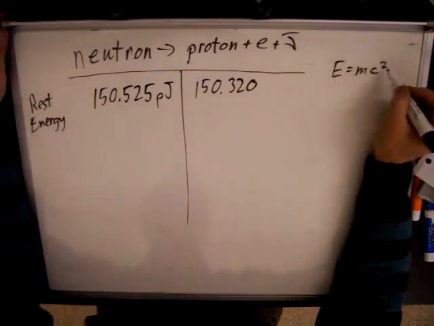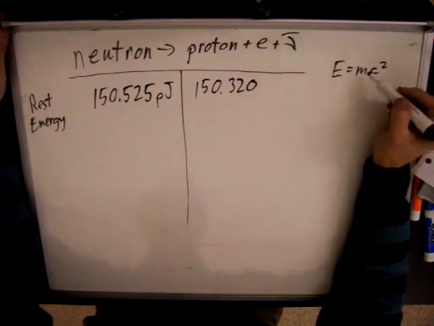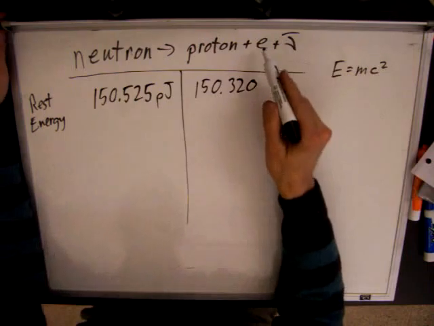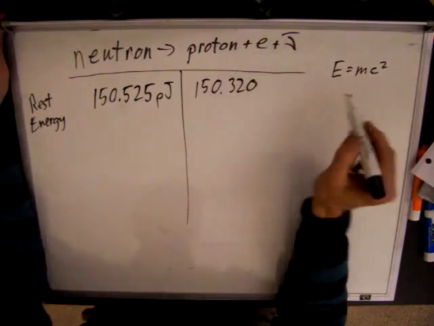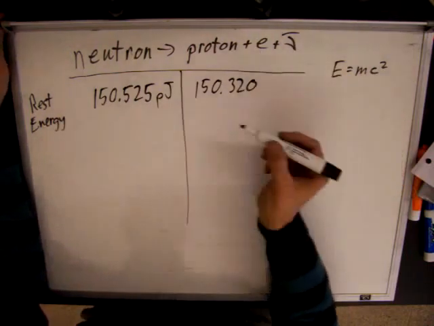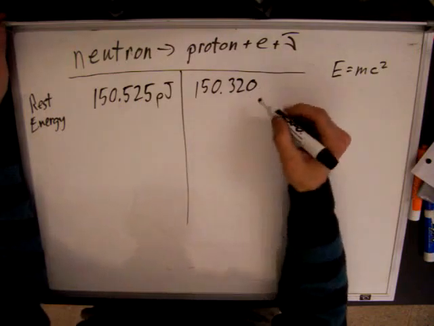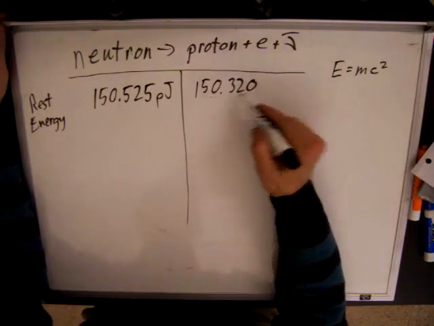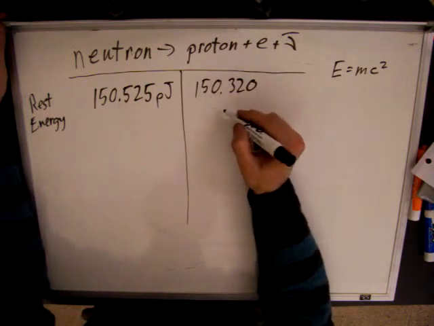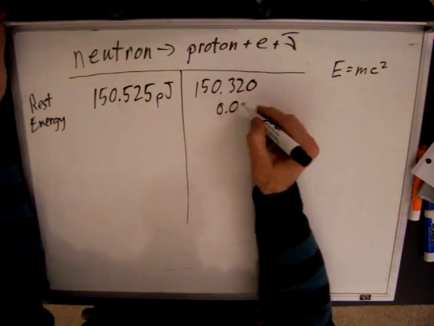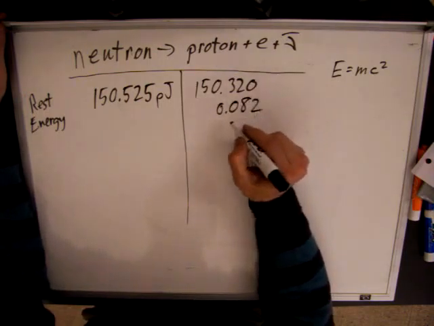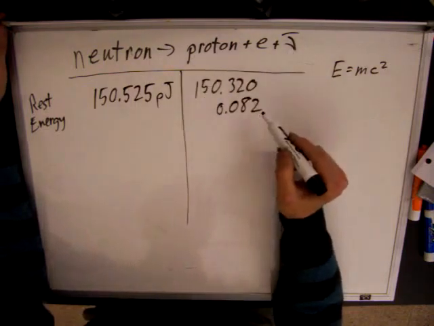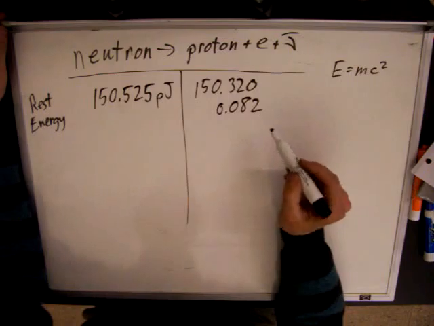If we apply that equation, we can find out what the rest energy of the electron is. We could also say the rest energy is just the mass in units of energy. Same thing. So this is the proton. The electron has a rest energy of 0.082 picojoules. So the neutrino has a rest energy of 0.